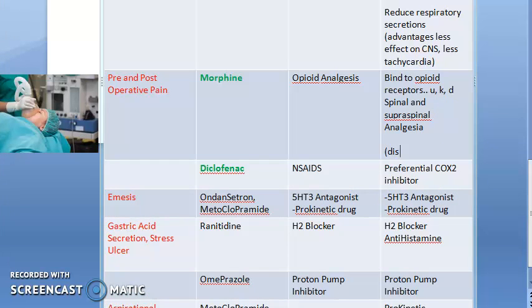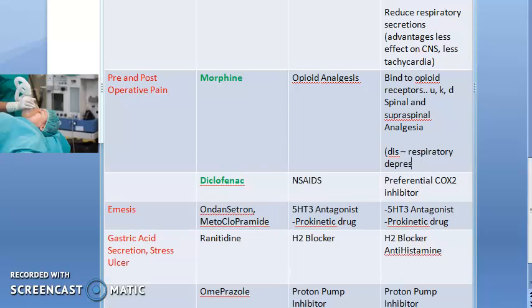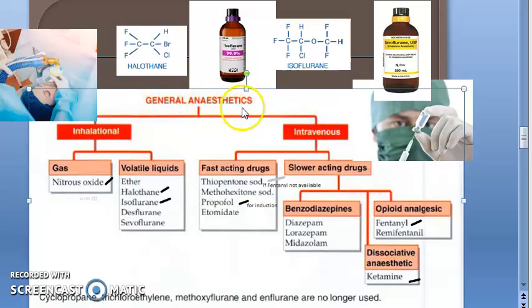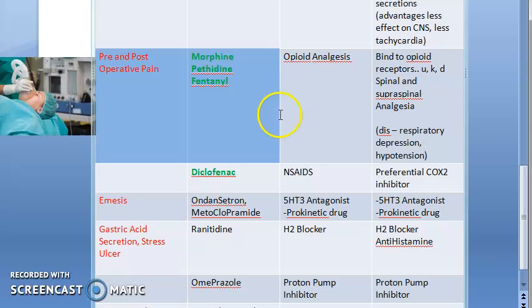The disadvantage is that respiratory depression can happen. What are the other options? Pethidine, fentanyl. If you remember in the general anesthetics classification, inhalational and intravenous, in slow acting intravenous we have seen the opioid analgesic fentanyl. Interesting, right? Fentanyl they are saying is also a general anesthetic. So anyways, we are here.